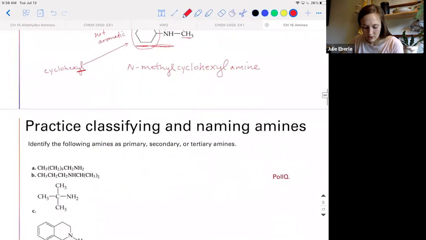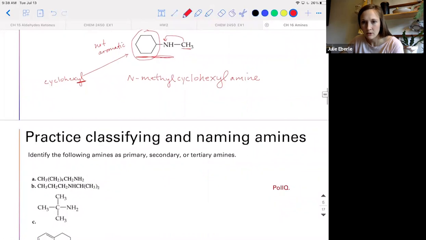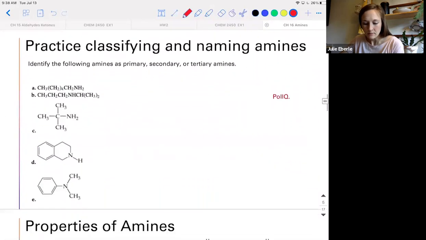I think I have a poll question for this next one. Everybody got the name of this written down? Any questions on that? Okay, I want you to classify these. I'm gonna launch a poll.